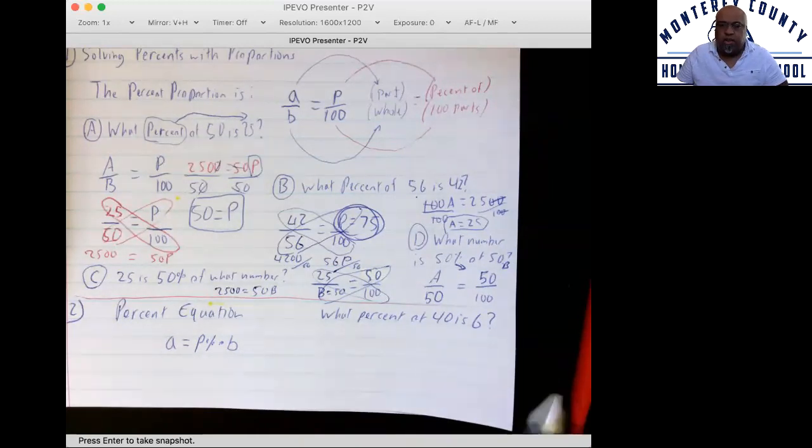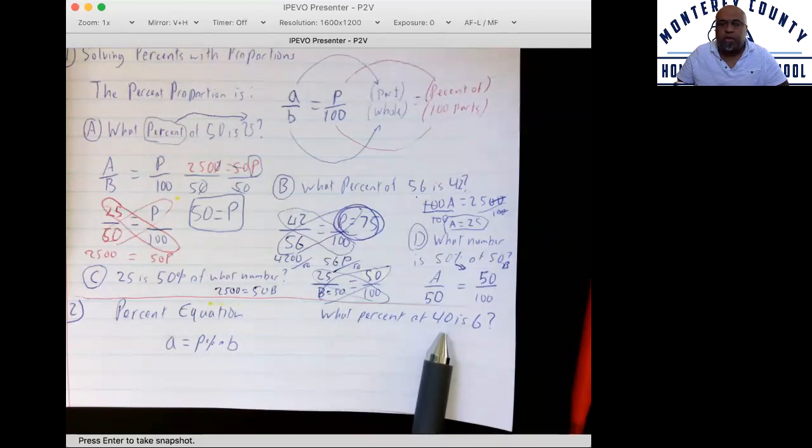So look at what it's asking. What percent of also means what part of. So what part of 40 is 6? Okay, so saying that 6 is part of 40, but it's asking it in a percentage. So basically what it's saying is if 40 was broken into 100 parts, how many of those parts would be 6?